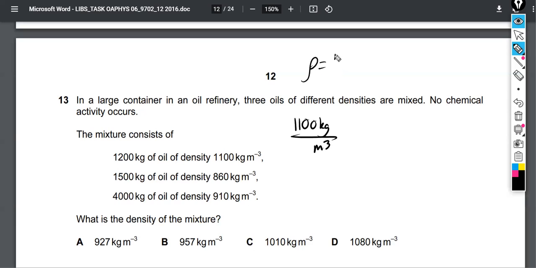Density is mass per volume. So volume times density is equal to mass. We've seen this before. Mass is density times volume. Then volume must just be mass per density. We can calculate the volume as the mass per density.